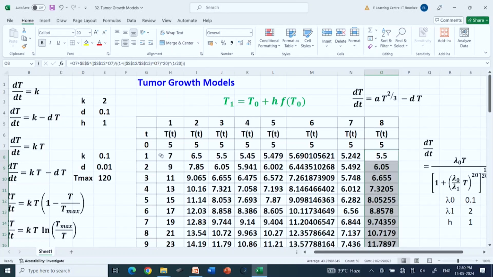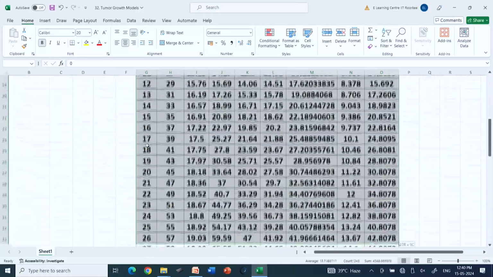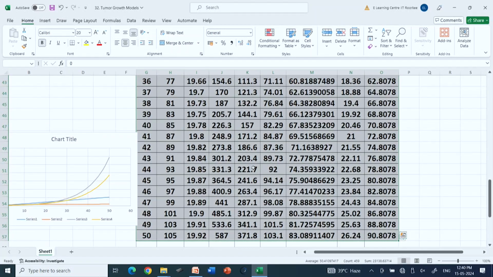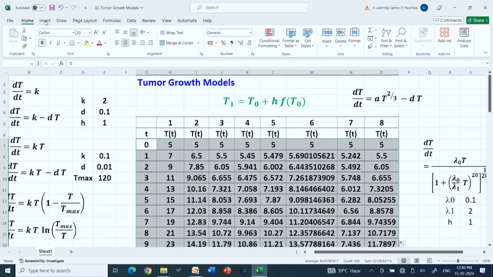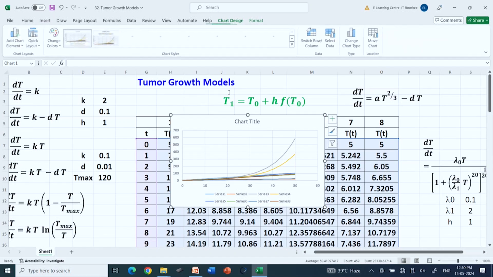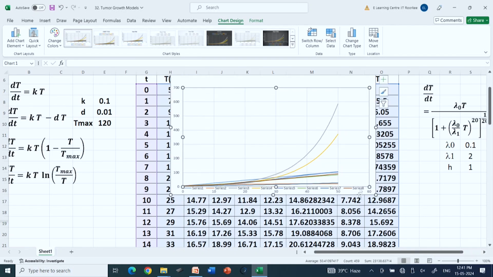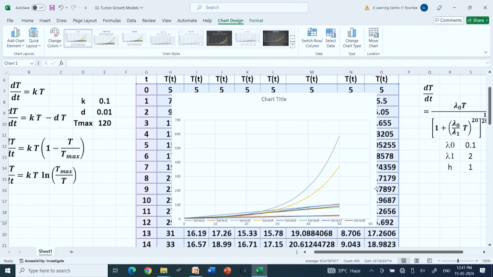Now, what we do is we plot all of them in the same graph. So, all the 50 values, I go to insert, I go to this, and I plot this. So, now the question is what we get with this.